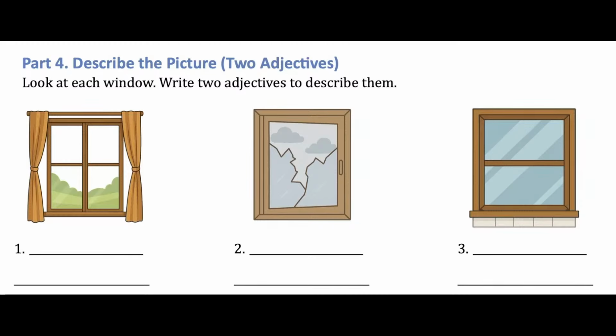Helga, 3, the third window is tinted and sliding. Closed and small. Okay, 18 says 2 is broken and old. Hannah, 2 is damaged and old.